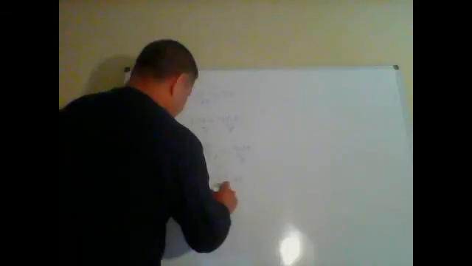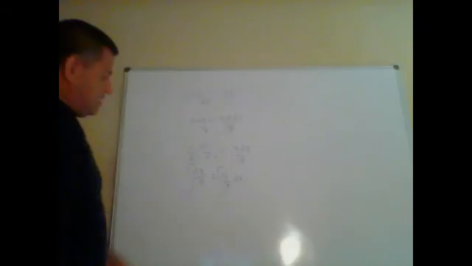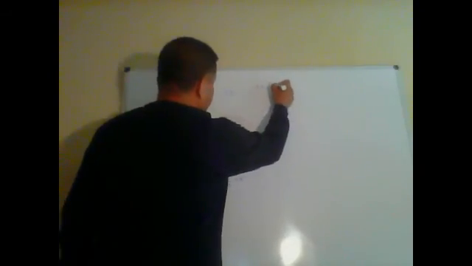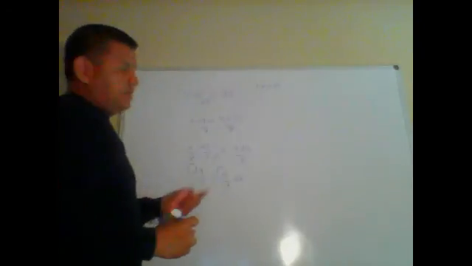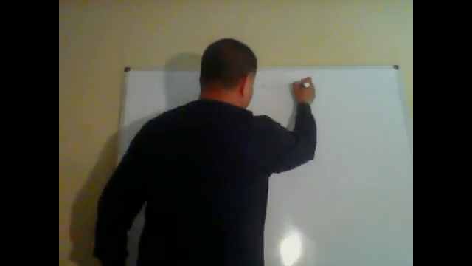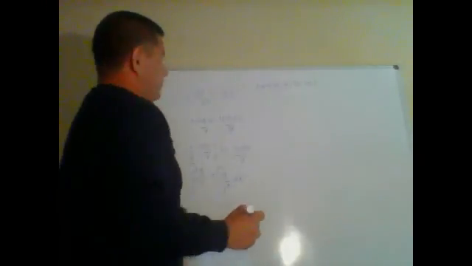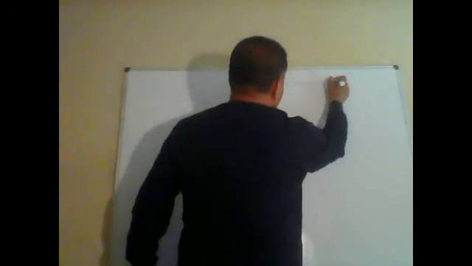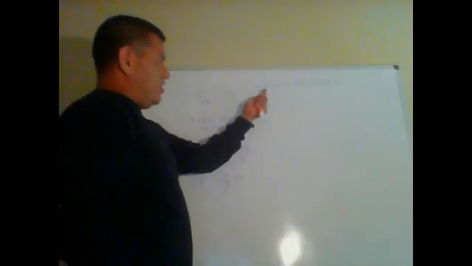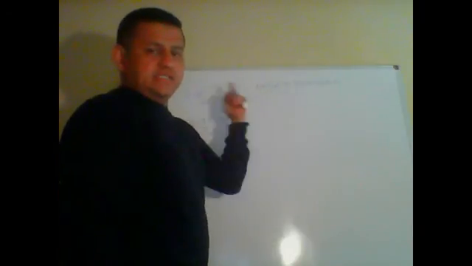So when I integrate both sides, I get ln of the absolute value of y equal 4 ln of the absolute value of x plus c. Notice that I could have a plus c on this side too, but it's not necessary because they are both constants on both sides.